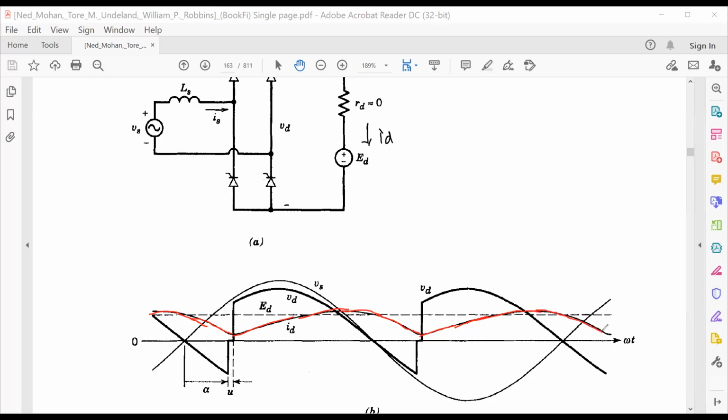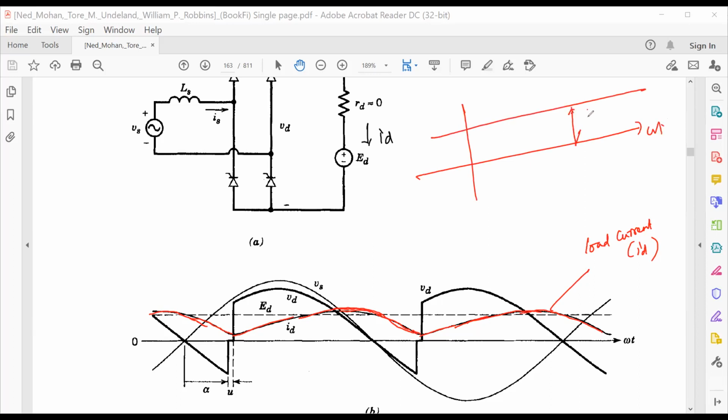So this is your ID current, meaning this is your load current ID. This current is fluctuating rather than constant. For a highly inductive load, if you plot it, we have already seen this is your ID, your IDT, only for a highly inductive load.